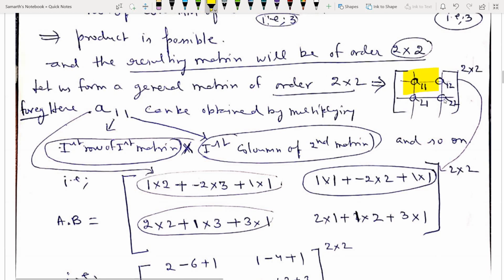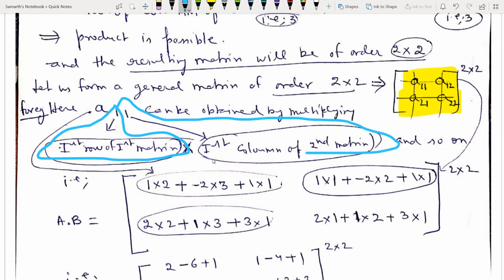How can we get the first element A11? By multiplying the first row of the first matrix by the first column of the second matrix. We will proceed for the remaining elements also.